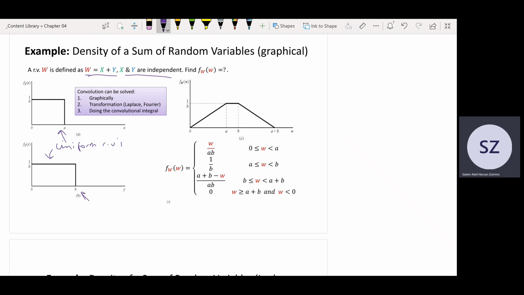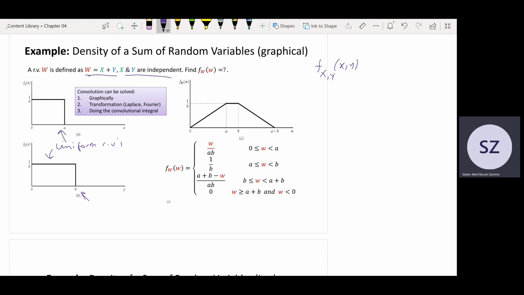Now if I gave you a question like this and told you to find the PDF of X, Y, can you find it? No. What do we call this thing?